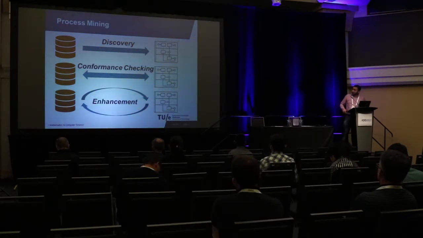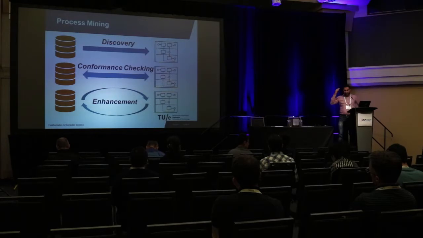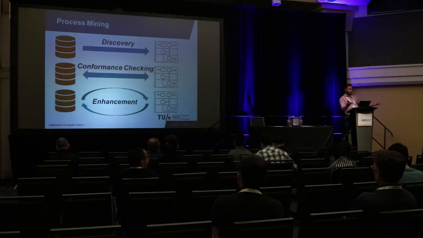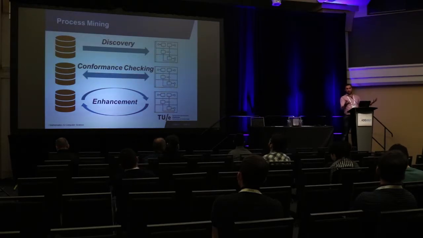The other task is conformance checking, and in this task, you can have an example that some company is having an idea about their business, how it looks like, and they try to summarize it in some model. And then after a while, they want to see whether that model still holds. So they try to check their log files and see how much they are conforming to that particular model that they have in mind.